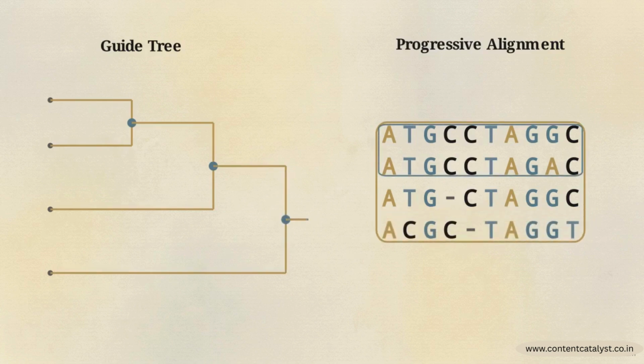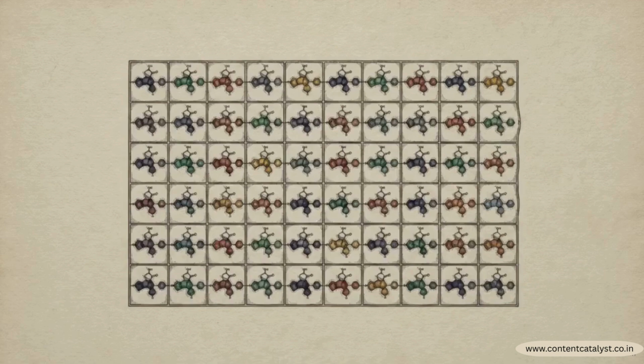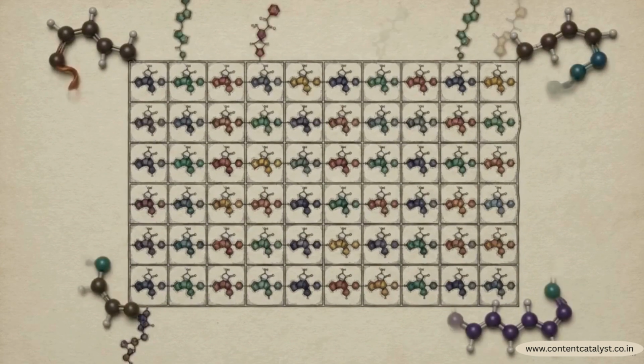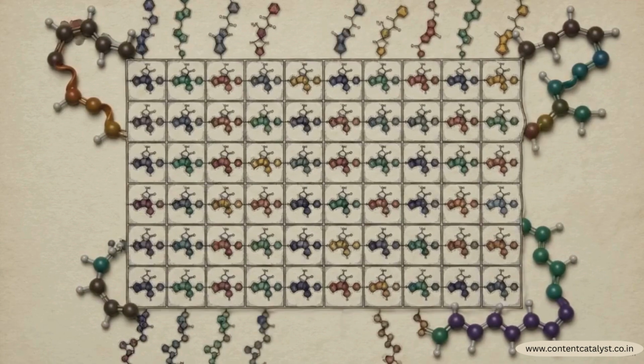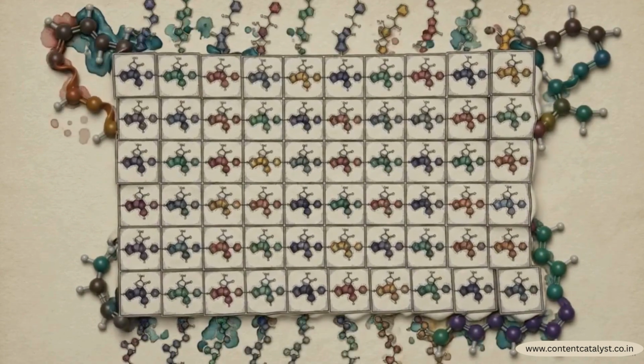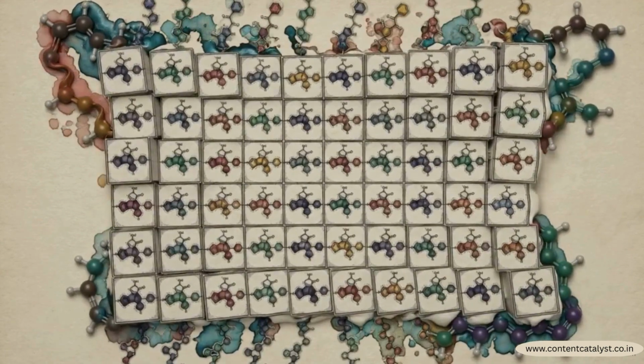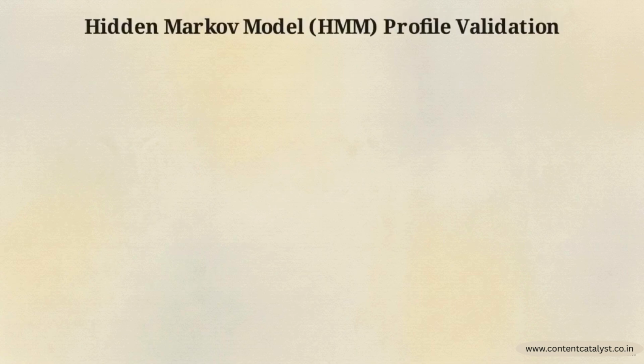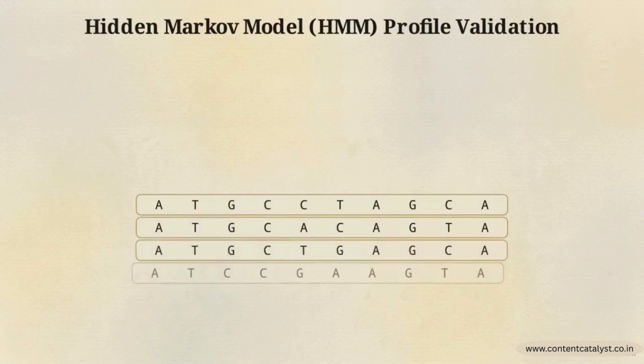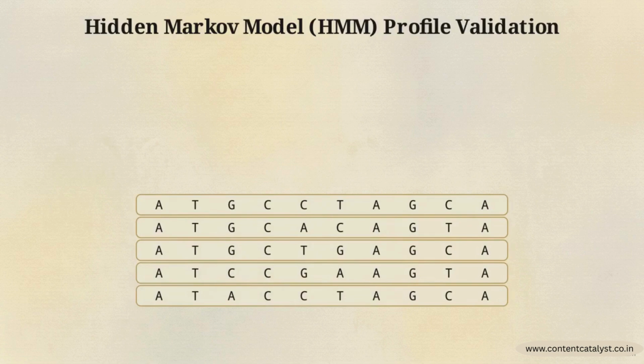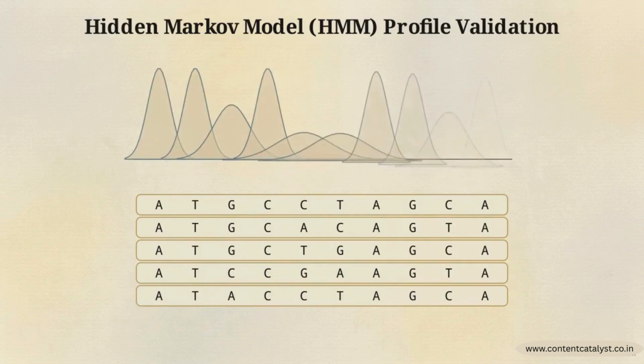This progressive strategy introduces a specific computational vulnerability. As increasingly distant sequences are added, the chance for alignment errors increases exponentially. To counter this vulnerability, Clustal Omega introduces a layer of precision through Hidden Markov Model, or HMM, profile techniques.